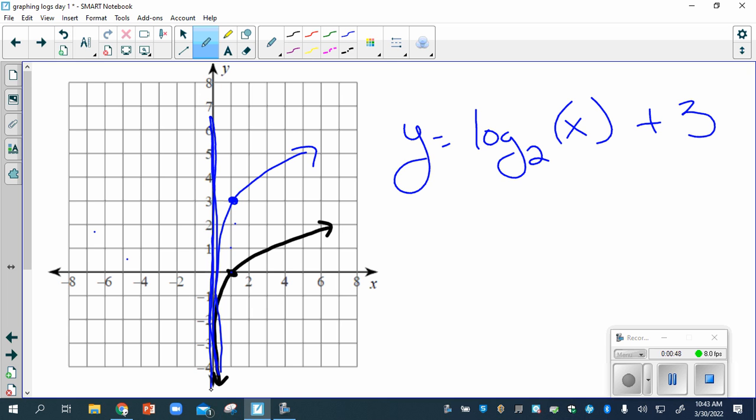That's all I did. So my shift point is now, instead of 1, 0, going to be 1, 3. Is everyone cool there? 1, 3. And my lava line did not move. What is my lava line right there? 0. X equals 0.